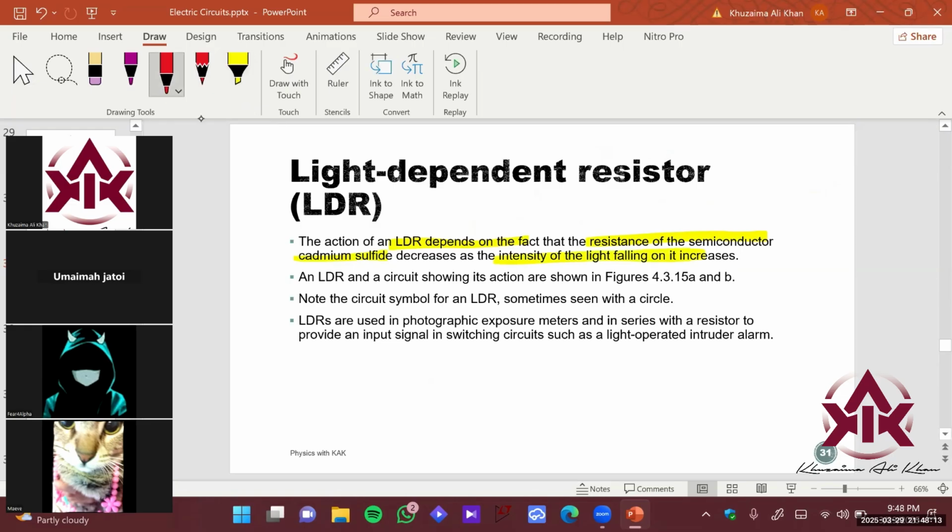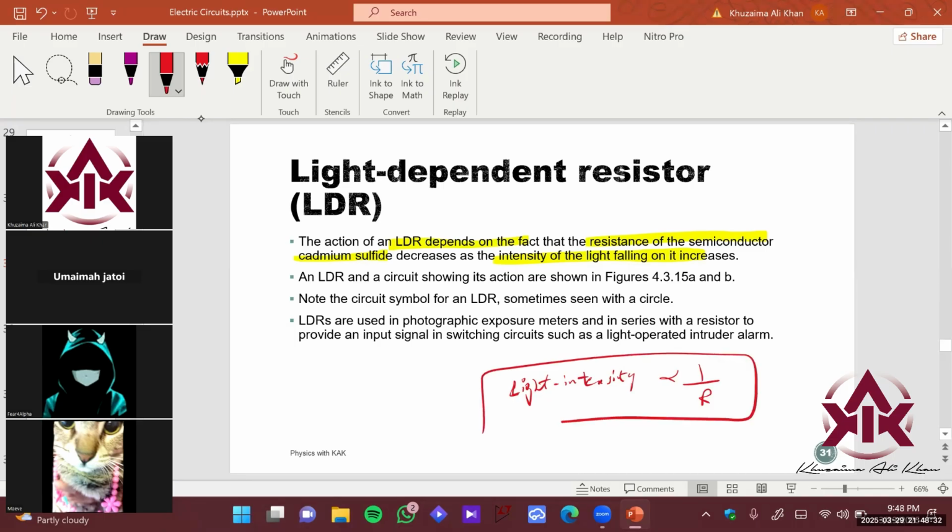So this is the relation of resistance and light in LDRs. If I want to summarize this in a single equation, it's going to be as follows: light intensity is inversely proportional to the resistance of the LDR, right?